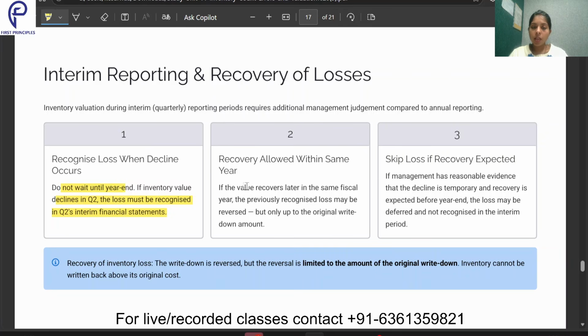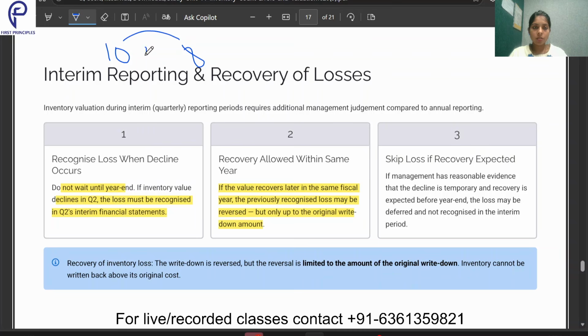Then recovery is allowed within the same year. If the value recovers later in the same fiscal year, the previously recognized loss may be reversed, but only up to the original write down amount. Let me take an example. Suppose the value was initially 10, and it declined to 8 in quarter 2.